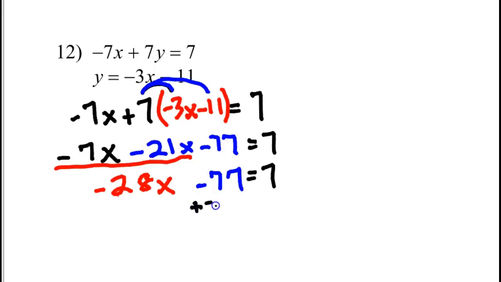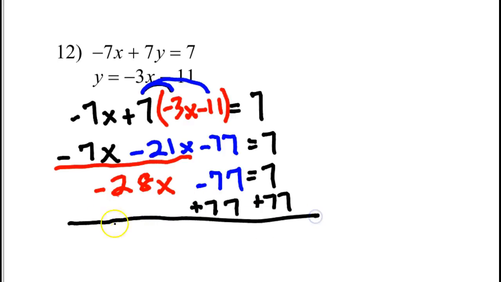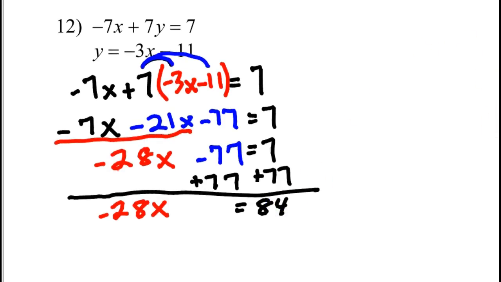Let's add 77 to both sides. We get 84. And let's divide both sides by negative 28.